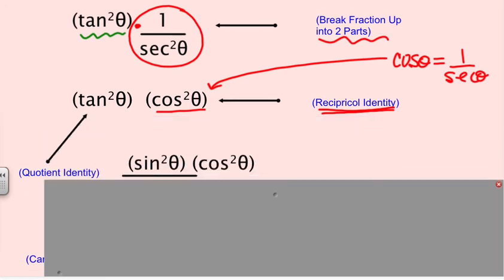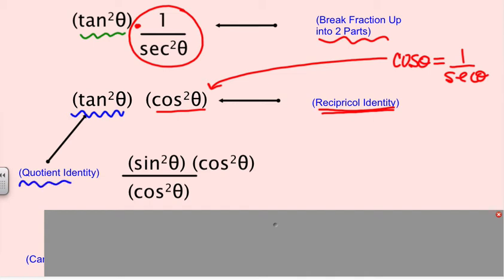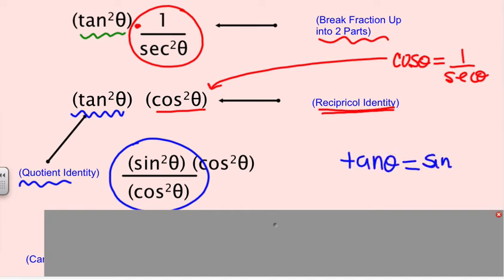Now let's look at the quotient identity next. So over here, I can look at this tangent squared of theta, and I'm going to convert it to all sines and cosines for the quotient identity. The quotient identity says this: the tangent of theta equals the sine of theta over the cosine of theta.